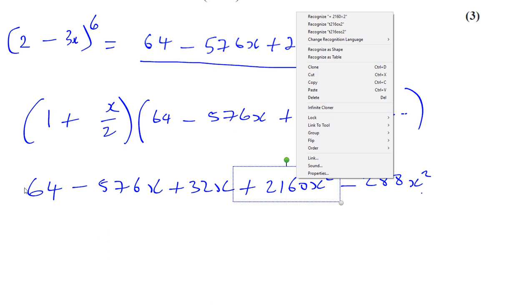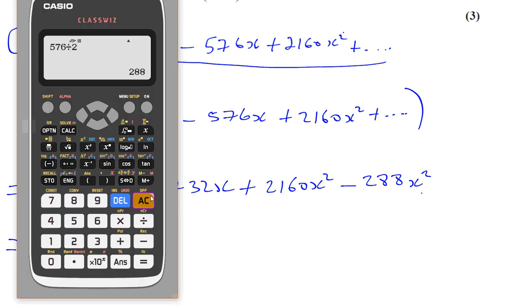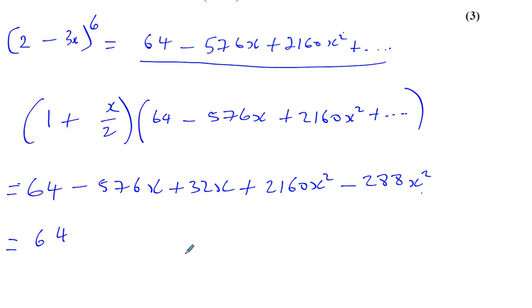Well, this is equal to 64. You have minus 576 plus 32, which gives you minus 544, so minus 544x.